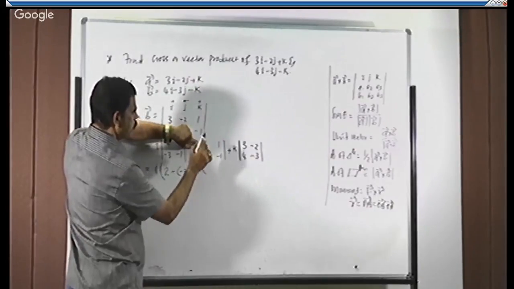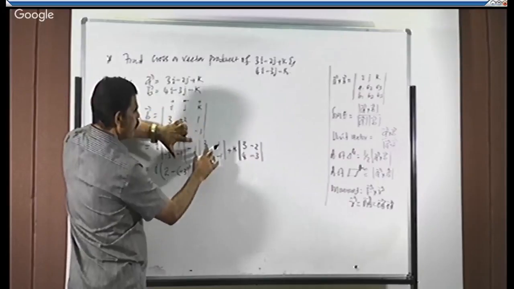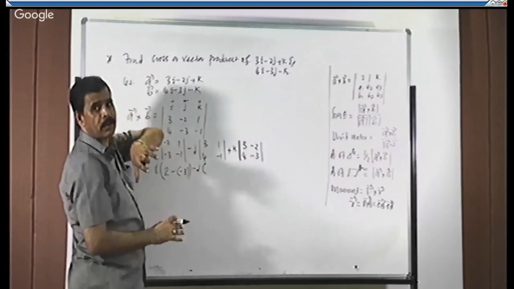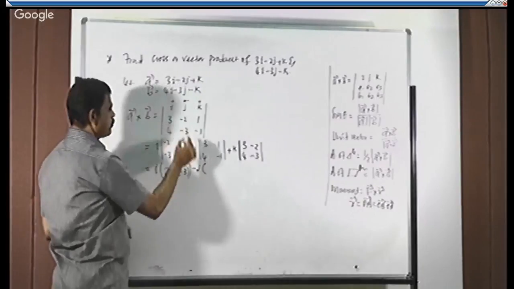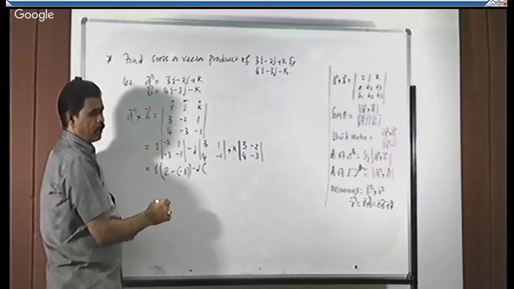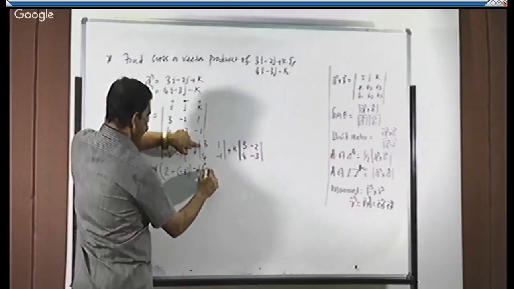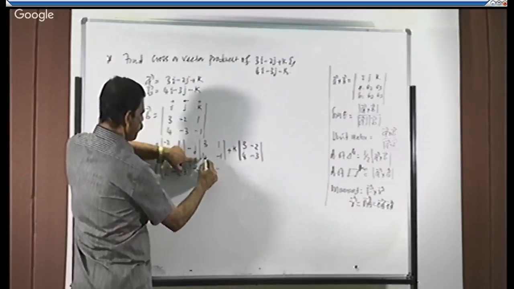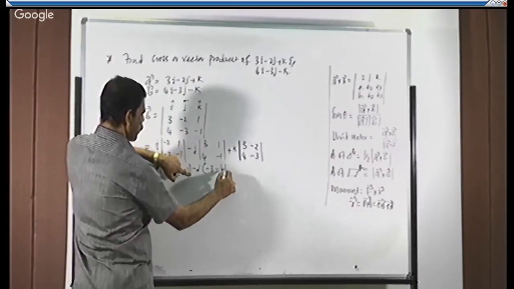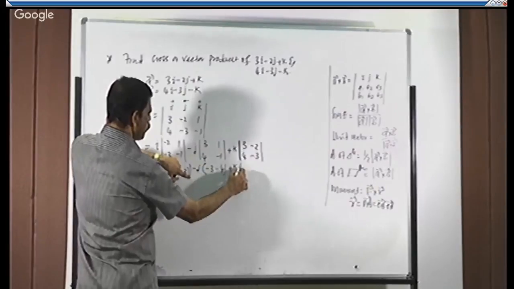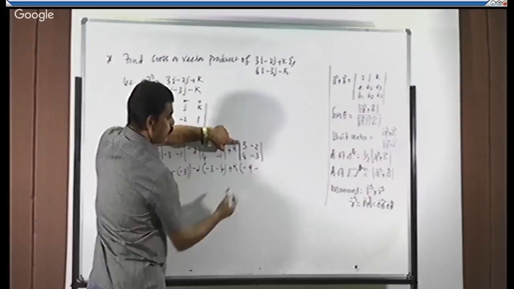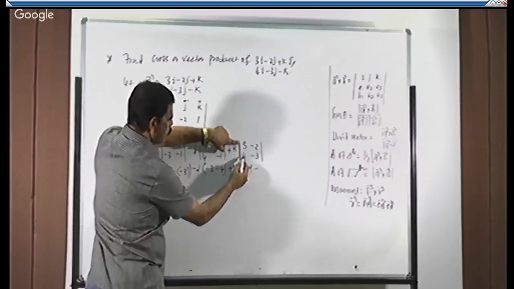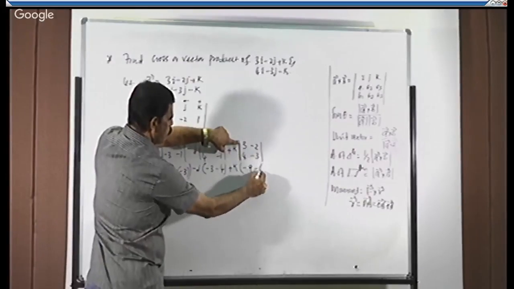It is important that in every problem we have this A cross B, so we should know the expansion of determinant, right? 3 into minus 1 minus 3, minus 4 into 1 is 4. Plus k into 3 into minus 3, it is minus 9, minus the multiplication of these two, 4 into minus 2, it is minus 8.